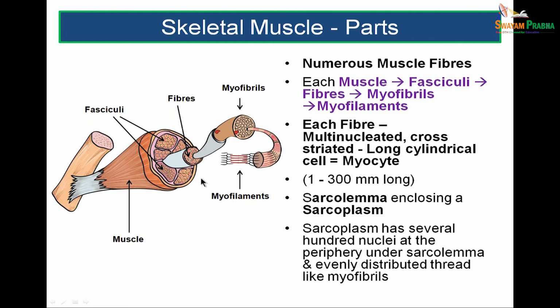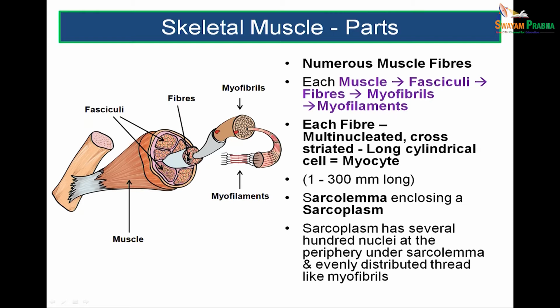How do we break up skeletal muscle into smaller elements? So we have the full muscle, as you can see in this figure here, and this full muscle is made up of bundles of smaller groups of fibers. These are called fasciculi. Each fasciculus is made up of one muscle fiber.